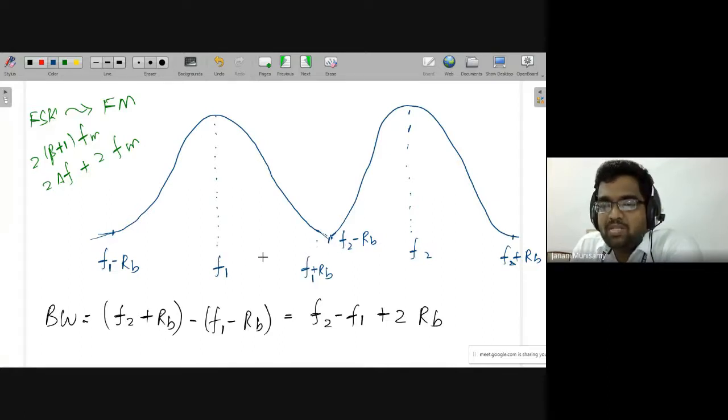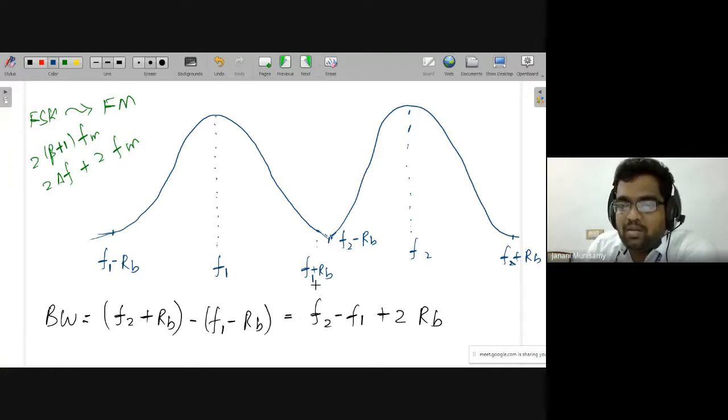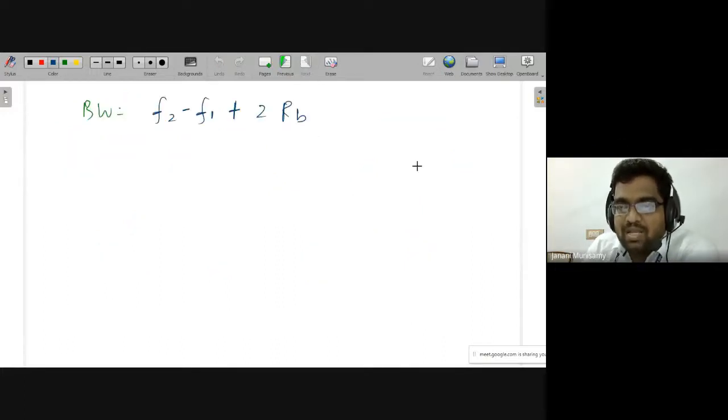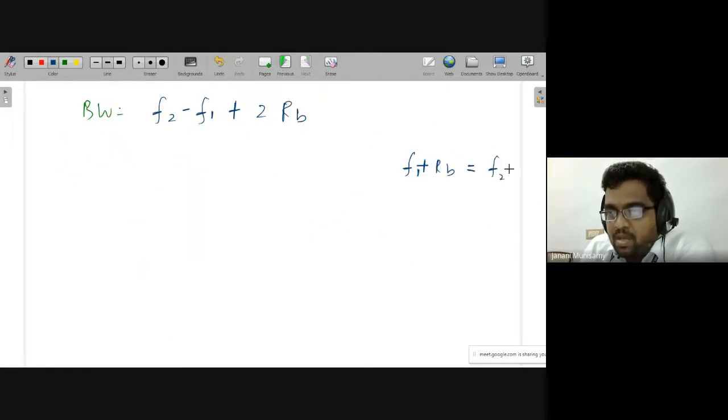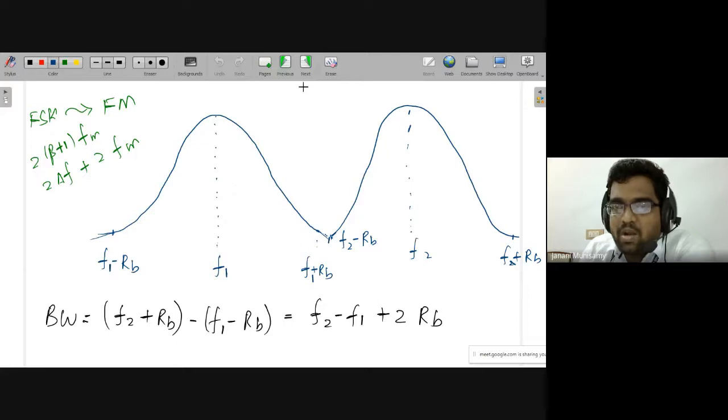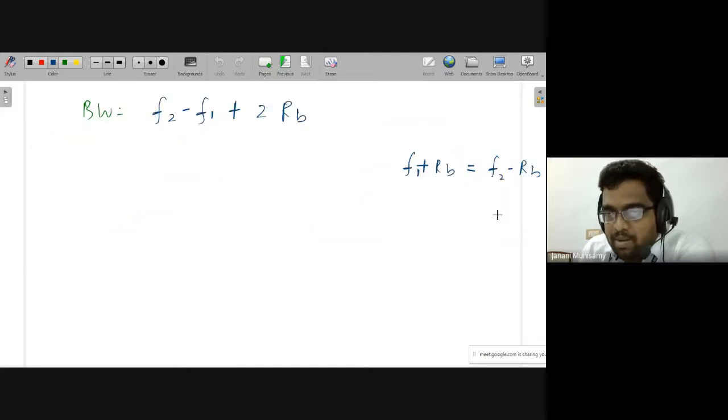That is the minimum value between F1 and F2. At that point these two values touch together. That means F1 plus Rb can be equal to F2 minus Rb. That is the condition. In that condition only I get the minimum value, because you cannot make it 0. Once you make it 0, entire overlapping will be there and the spectrum will get disturbed completely.